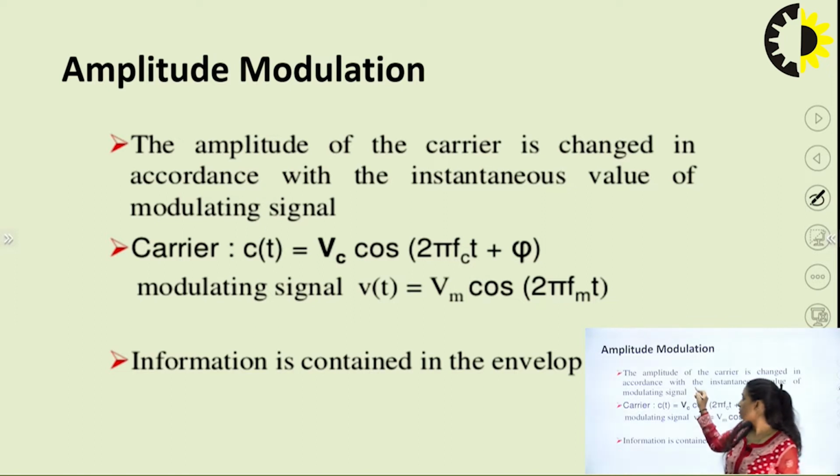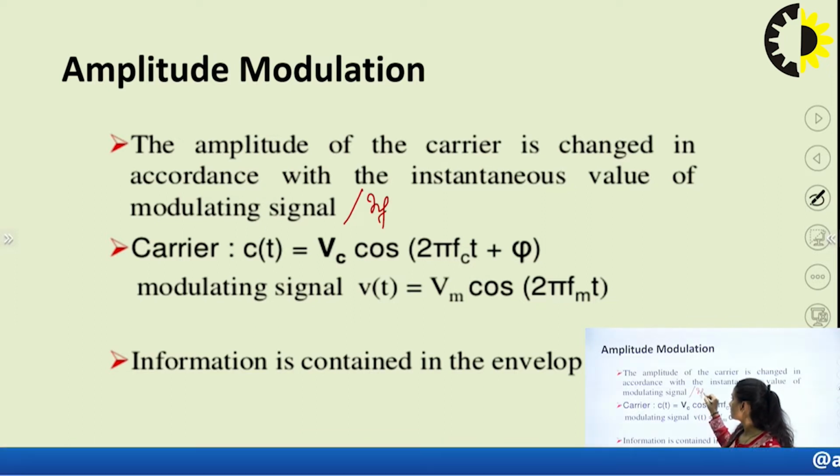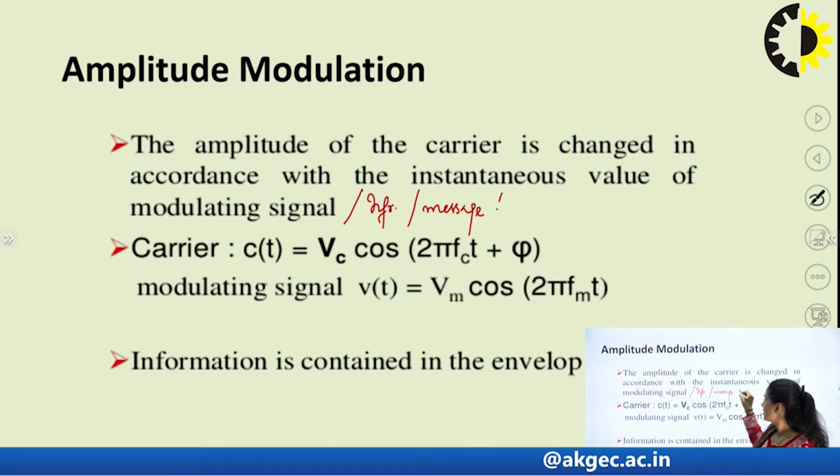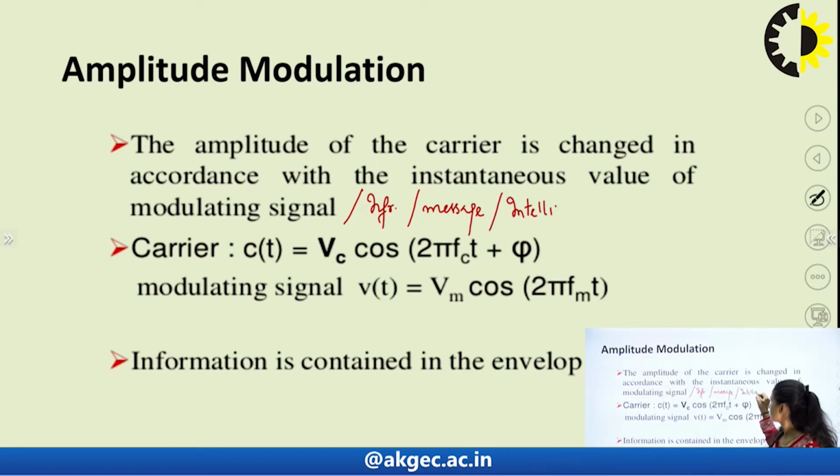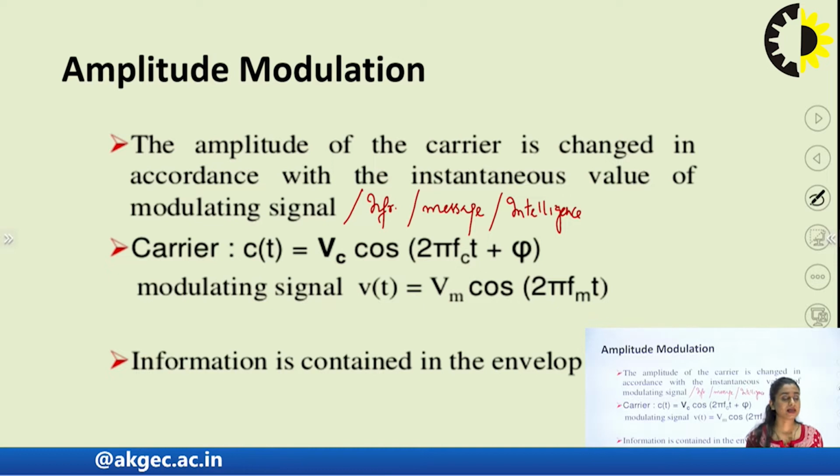My modulating signal is also called my information signal, my message signal, or the intelligence. So here we vary the amplitude of my carrier wave with respect to the instantaneous value of my message signal, keeping its phase and frequency constant.